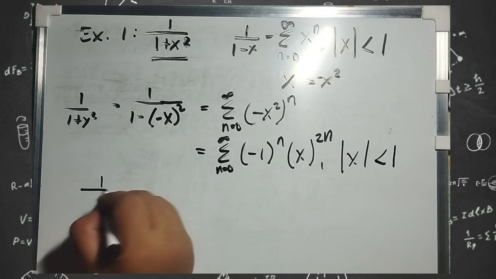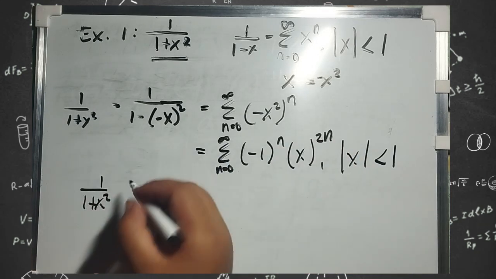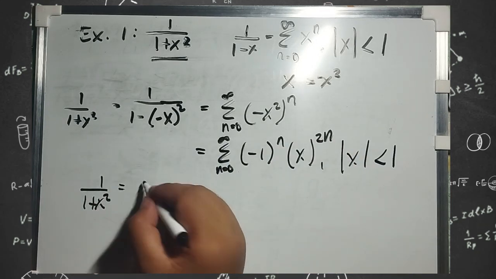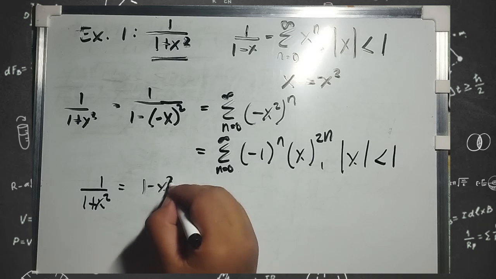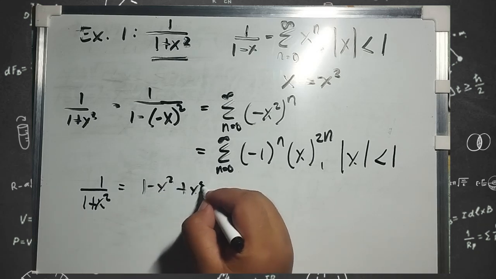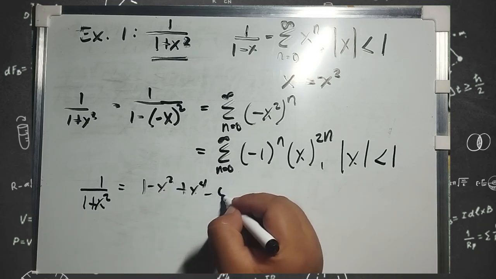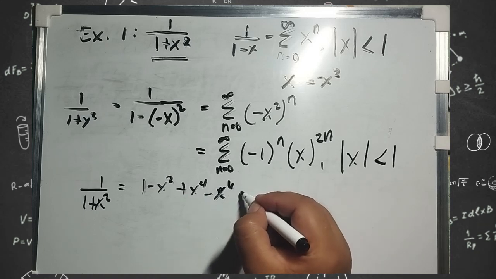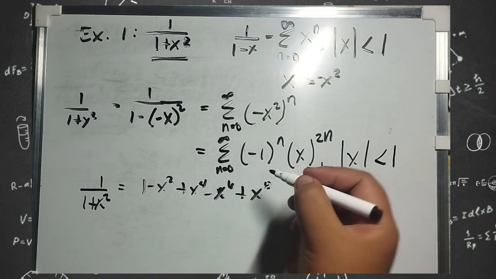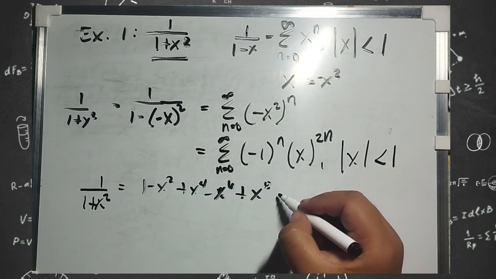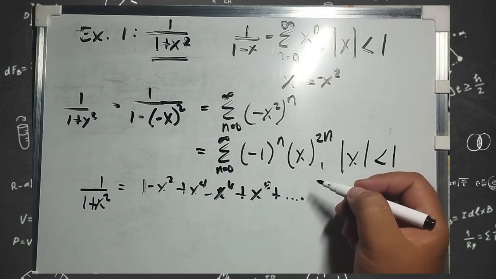Therefore, 1/(1 + x^2) is equal to the series 1 - x^2 + x^4 - x^6 + x^8, and if we continue, it approaches infinity.